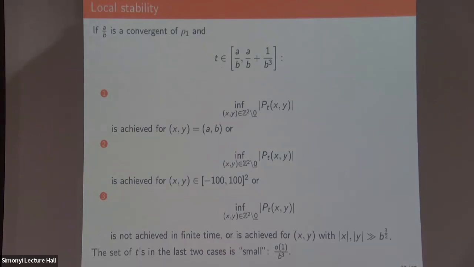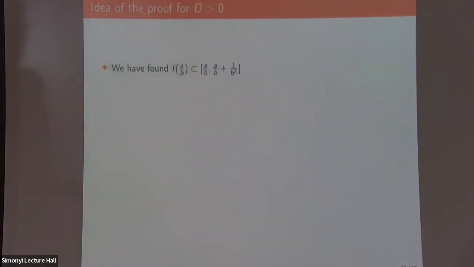So we find intervals such that there's a restriction of the curve on an almost full proportion subset of the curve such that we have continuity. So we have found a subset. It doesn't have intervals, this subset, but it is a subset of this set with measure very close to 1 over b cubed.